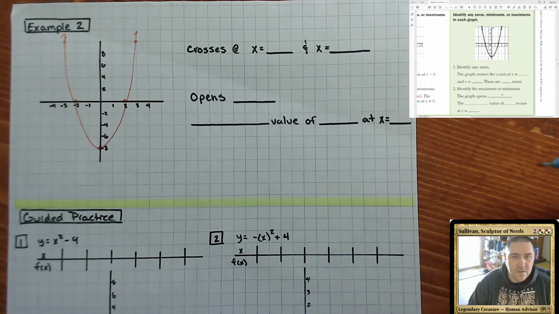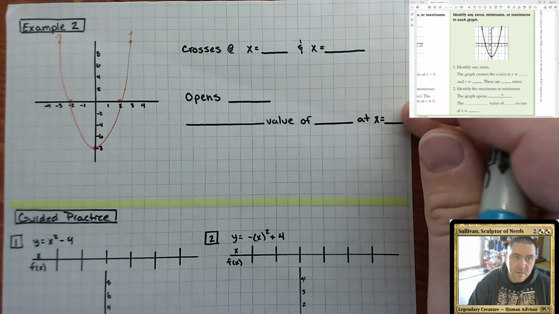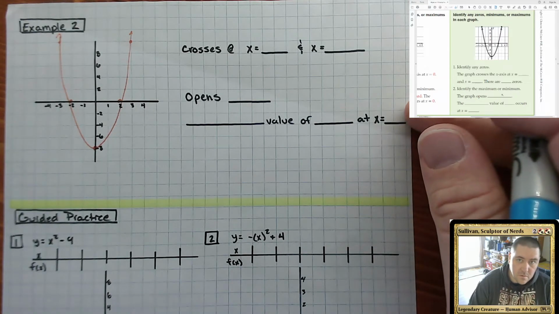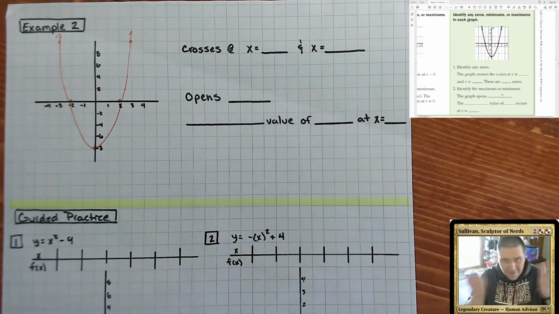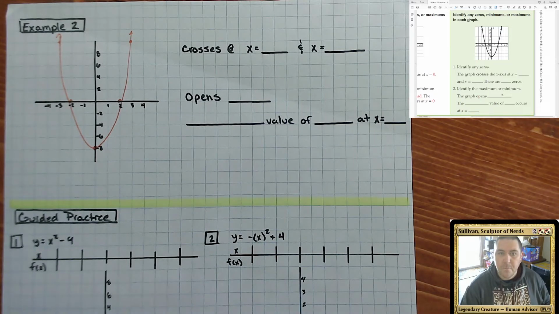Are there any zeros? Okay, zeros are solutions. Solutions are X-intercepts. Are zeros. They're all interchangeable. They're talking about it in a different context. Kind of like if I call my son Connor, I'm addressing him directly.